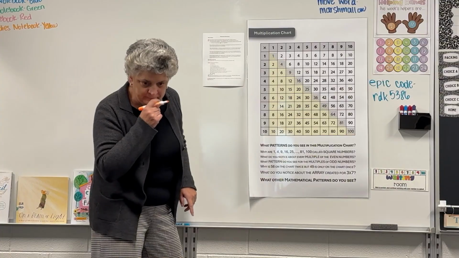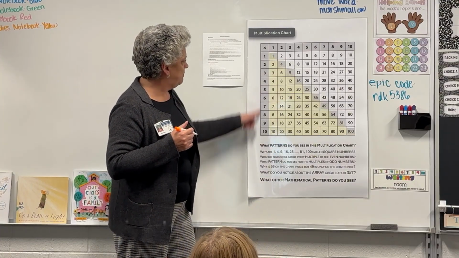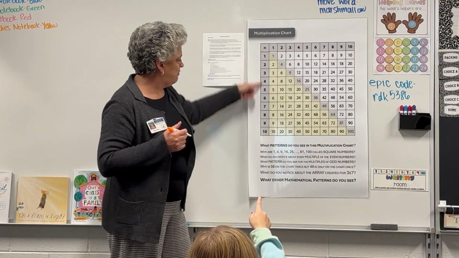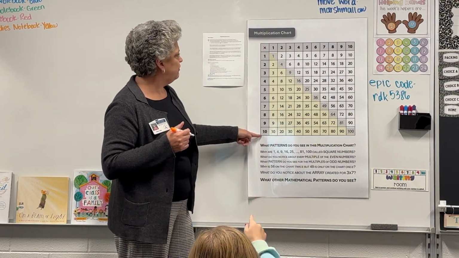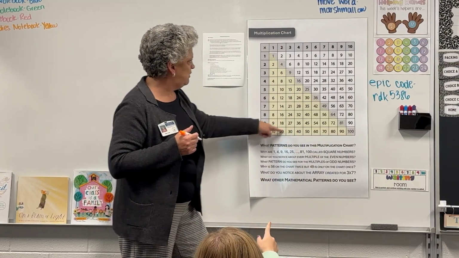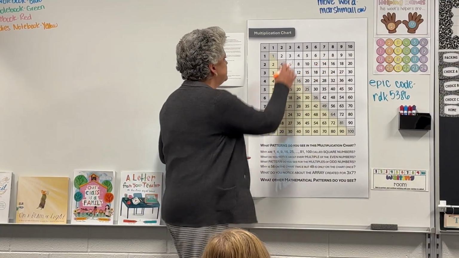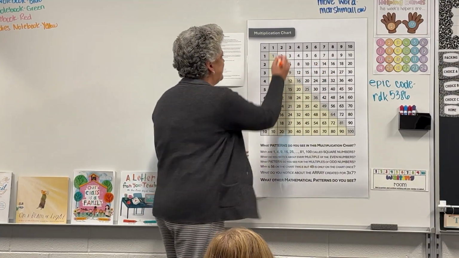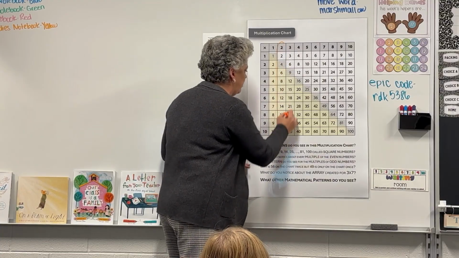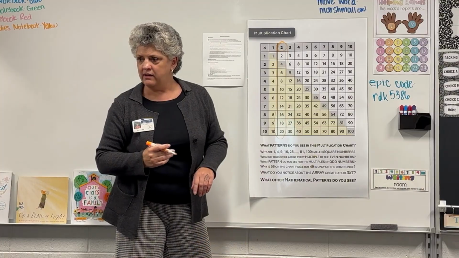Like if you see on the tops and the sides, it counts by itself. So if you look at the 2s, it goes 2, 4, 6, 8, 10, 12. And if you look at the 9s, it's counting by 9. Skip counting by 9s. Okay, so she's noticing here that as we go down any column, this is the 2 column, so what would it skip count by? 2.